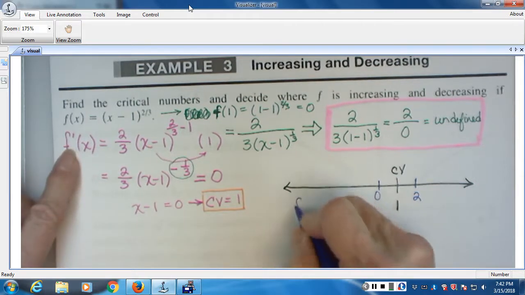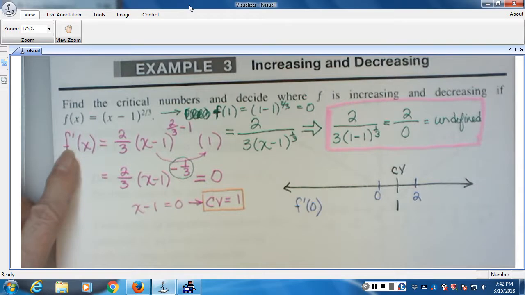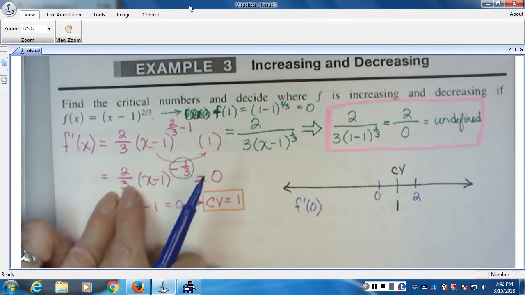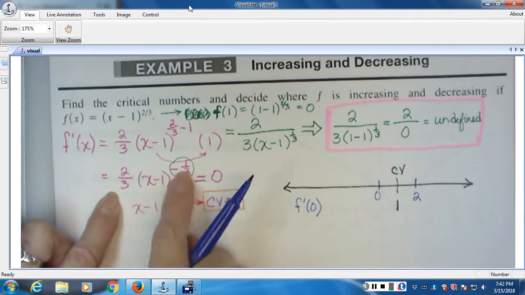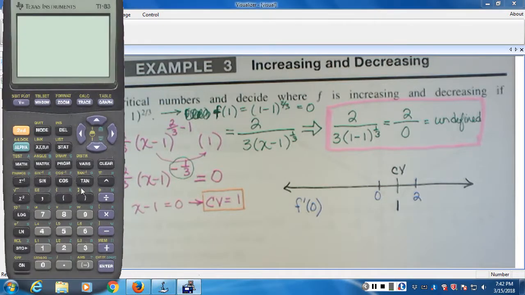So f prime of 0 is going to be 2/3 times -1 to the -1/3 power. And since we already know we can use the calculator to find these things, let's just do it this way.